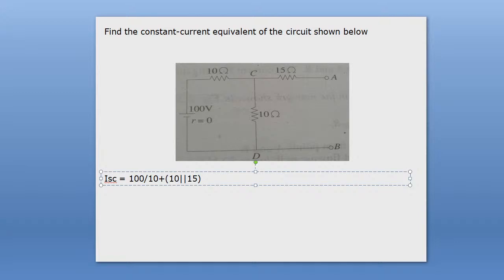So therefore we can write current I, short circuit current, equal to 100 volt divided by the total resistance of the circuit, 10 ohm plus 10 parallel 15.